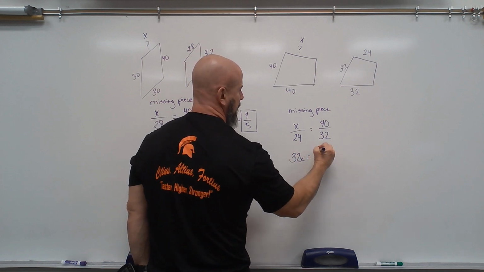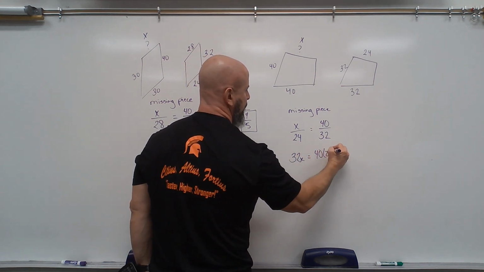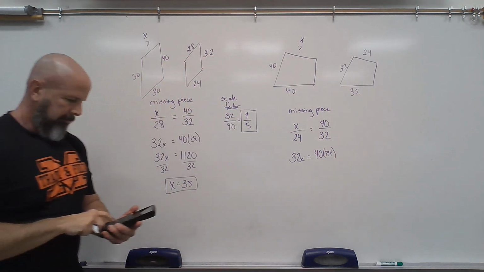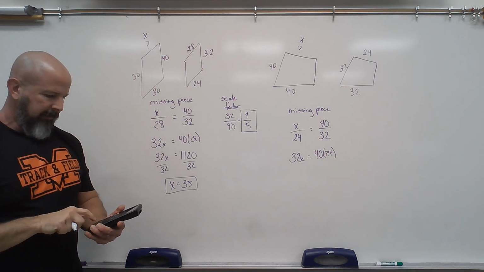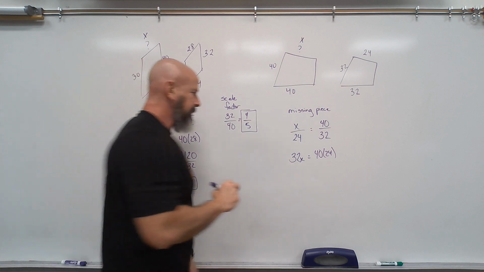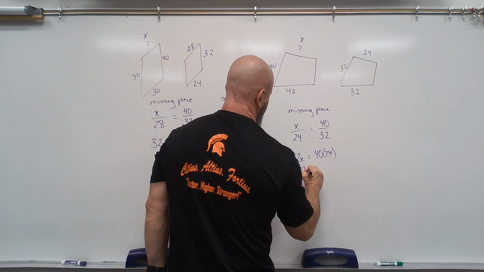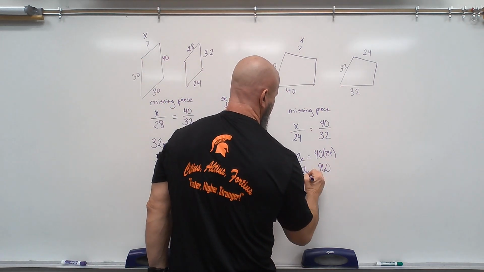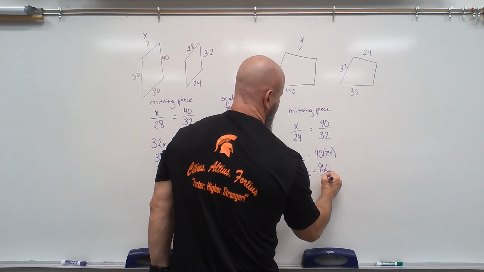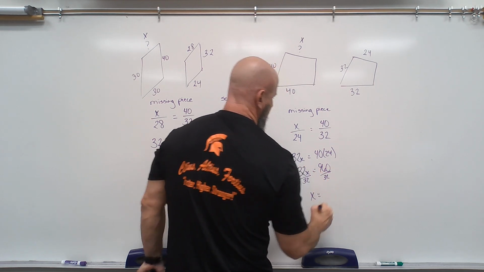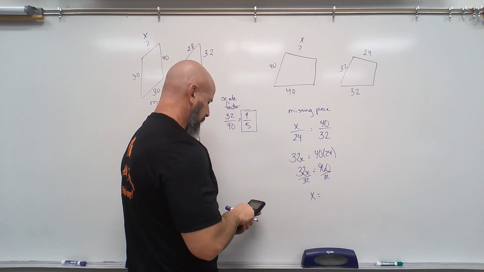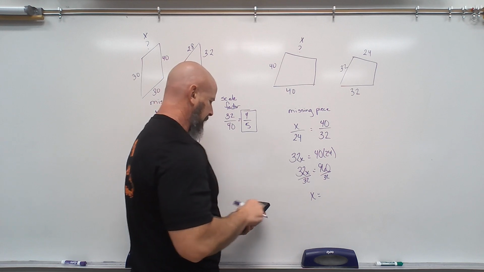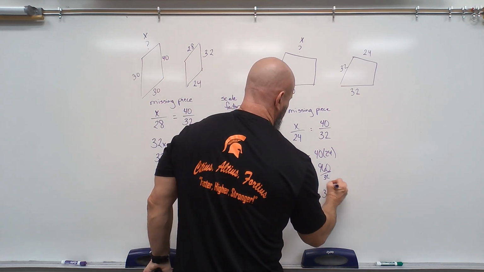32x is 40 times 24. 40 times 24 is 960. 32x is 960. Divide by my 32. X would be 30.